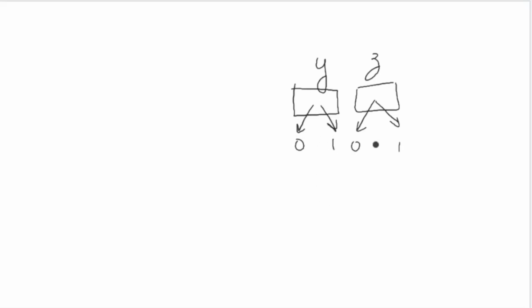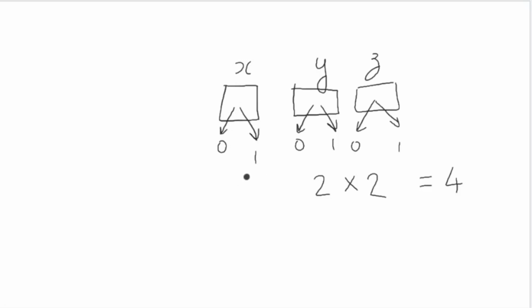So for two variables, the total possible values which they can assume together is 4. Similarly, if there is a third variable, let's say x, that can also assume two values, 0 and 1. And for three variables, the total number of possibilities are 2 into 2 into 2, that is 8.